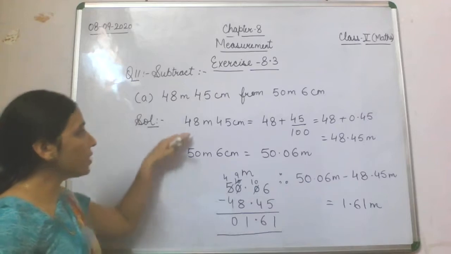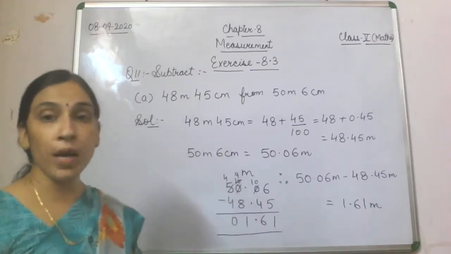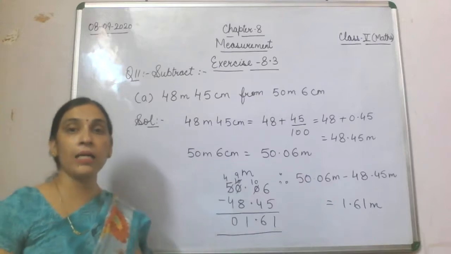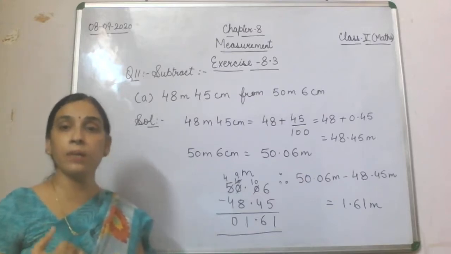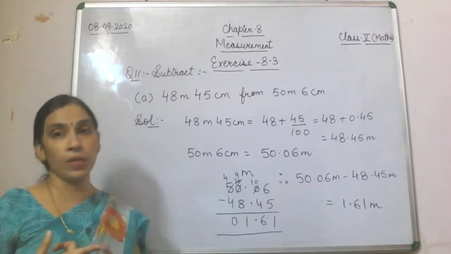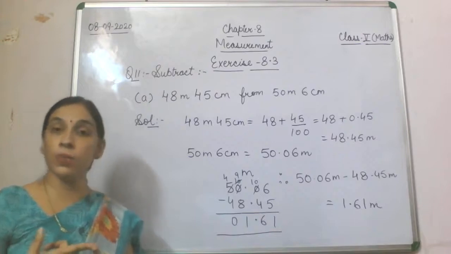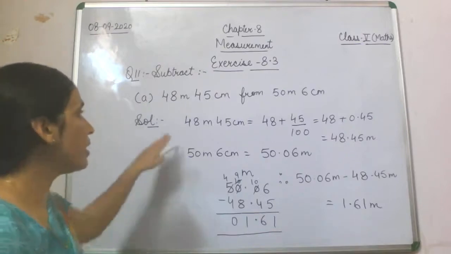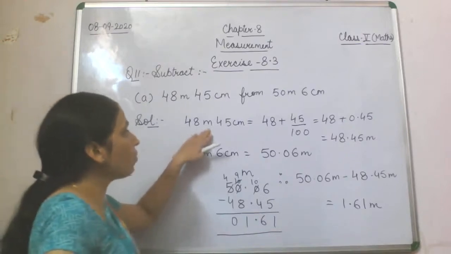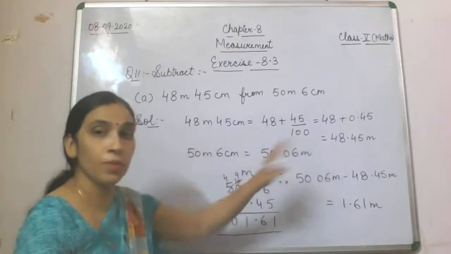What we have done in this question: 48 meter and 45 centimeters. You have to remember one thing, that you have to convert into the bigger unit. If centimeter is the bigger unit, you convert into centimeter. If meter is the bigger unit, you convert into meter. Here the bigger unit is meter, so we converted into meter.